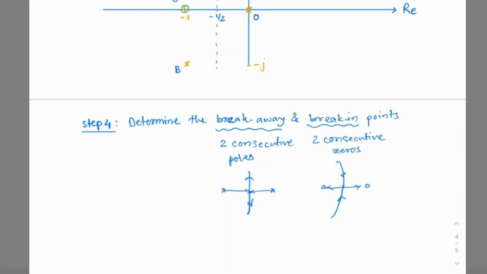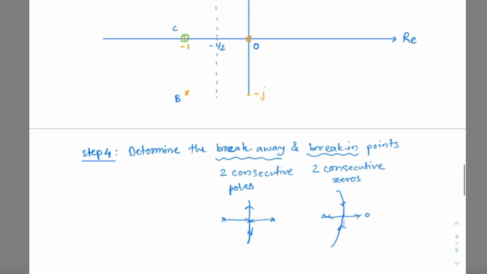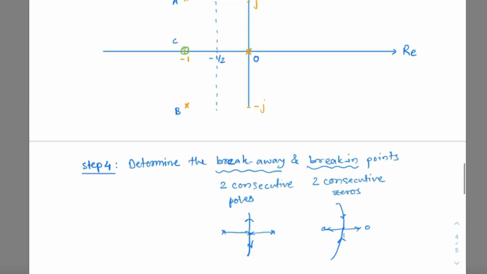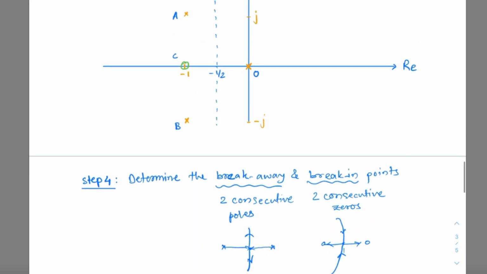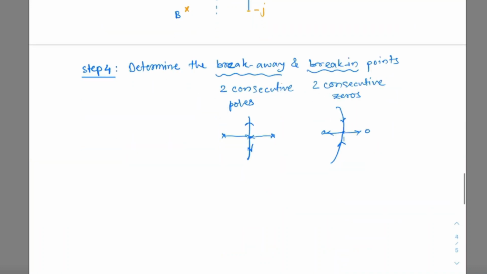Since it is coming in and going towards zeros, this would be the break-in point, and here it will be the breakaway point. So since in our case we do not have any consecutive poles or any consecutive zeros on this real axis, we will not have any breakaway or break-in points.